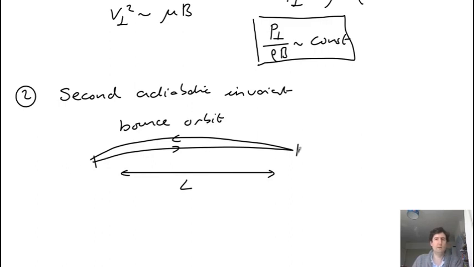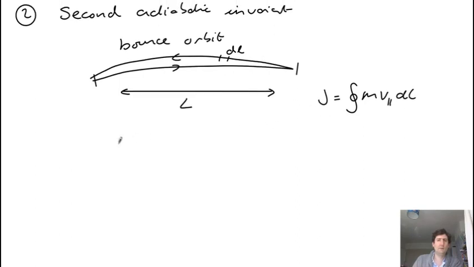There is a conserved quantity, or approximately conserved quantity on slow timescales, J, which is the integral over the whole orbit of the mass times the parallel velocity dl. So L is this distance here, so this is like dl, the distance along the path. The integral of m times v parallel over this bounce orbit is approximately conserved if the orbit changes slowly compared to the bounce time.